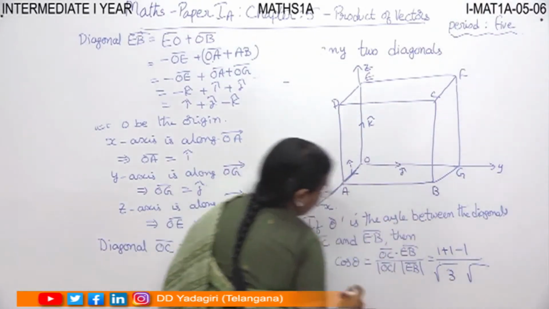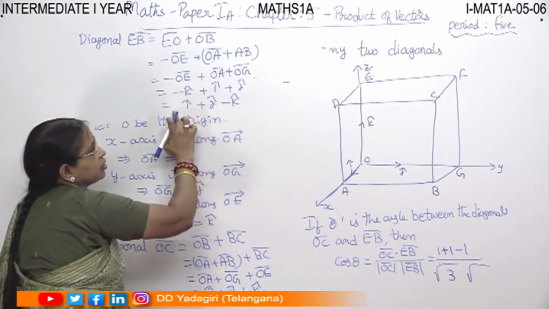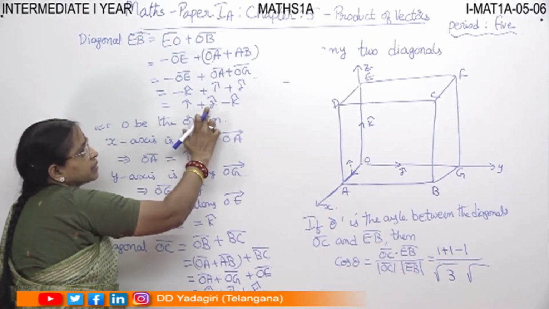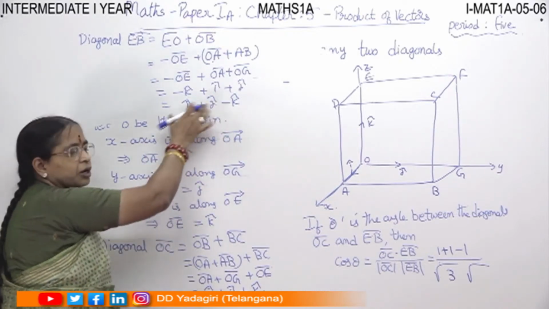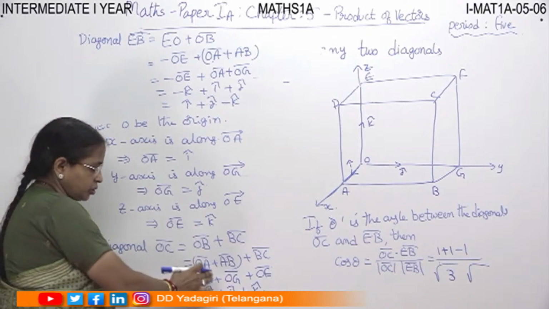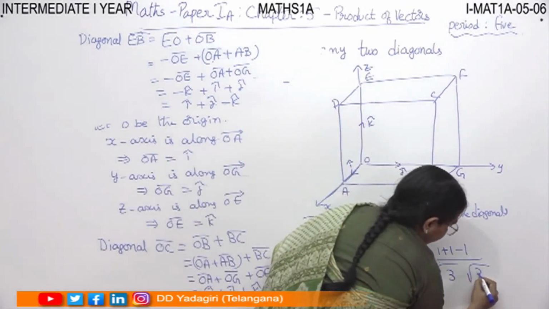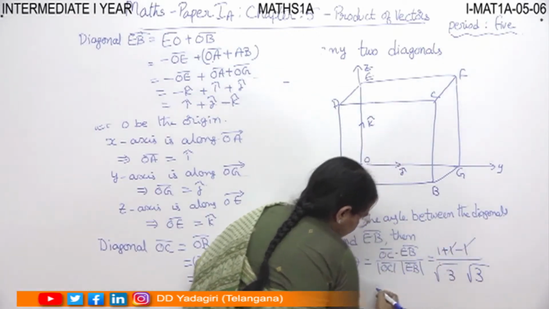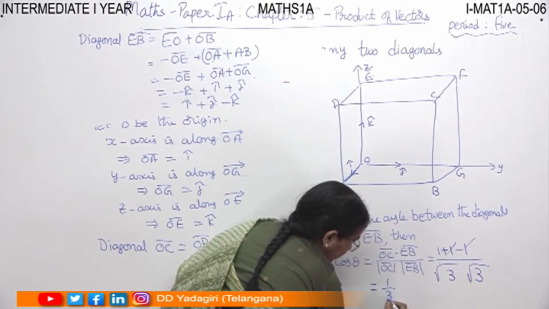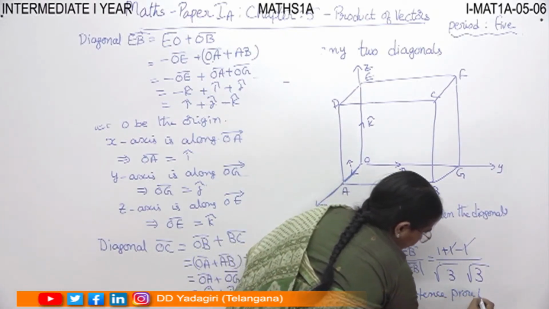And similarly, the modulus of EB is root of 1 square plus 1 square plus minus 1 whole square. You know how to find the modulus of the vectors. So you can use the formula and directly orally you can write the values, and then when you simplify, 1 will get cancelled and then it is equal to 1 by 3. Hence it is proved. So like this we do the problem.